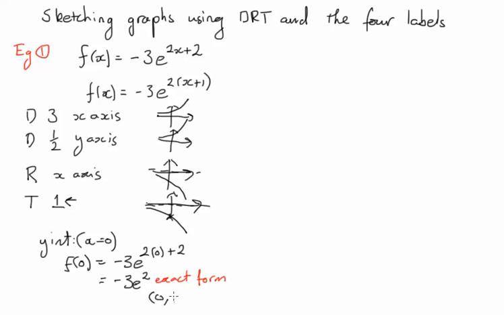So that y-intercept is going to be 0, negative 3e squared. There's the y-intercept. And the asymptote hasn't changed. The asymptote is at y equals 0. And we have our DRT to thank for revealing that.